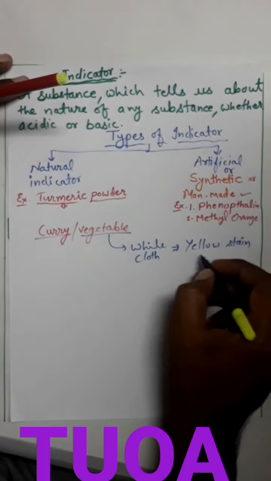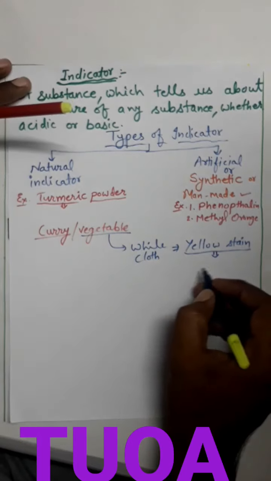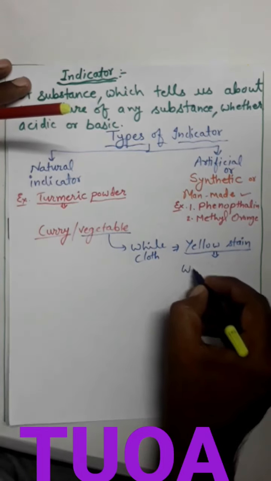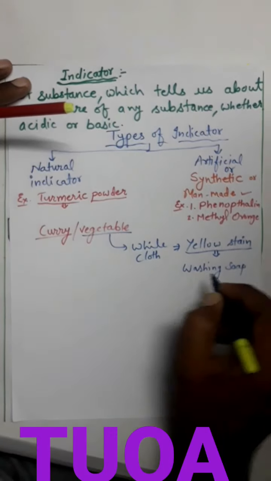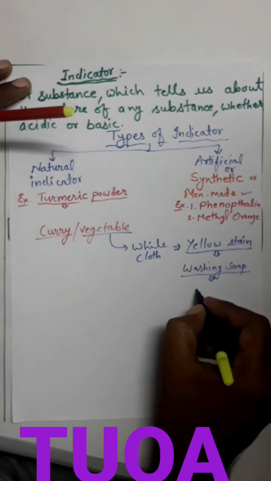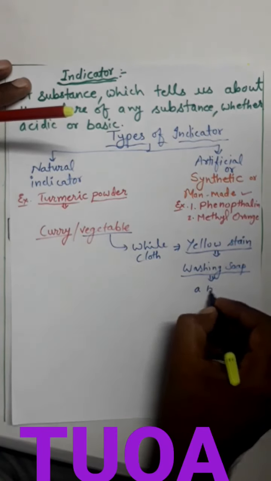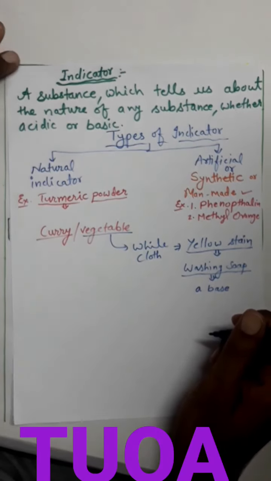We want to remove this yellow stain, so for this we use a washing soap, and we have already discussed that all soaps contain a base, depending upon the quality of the soap.